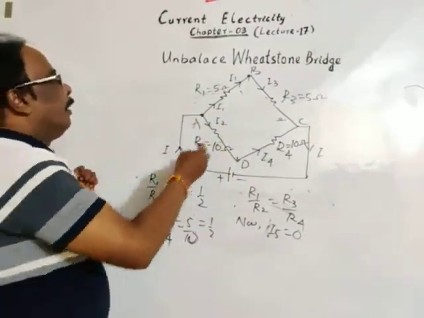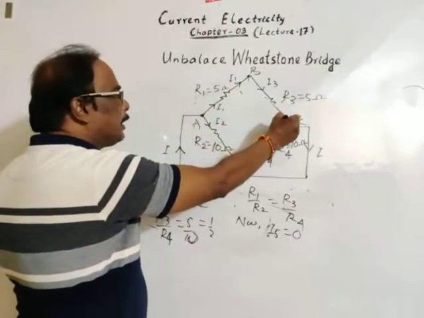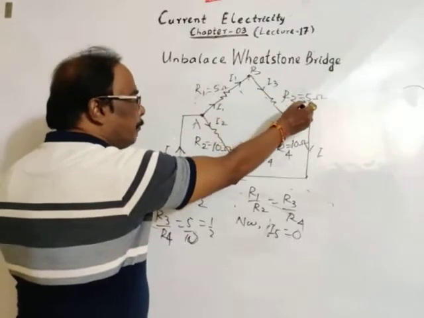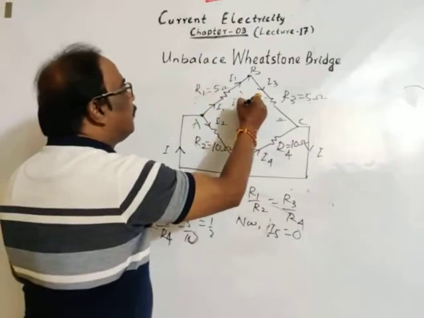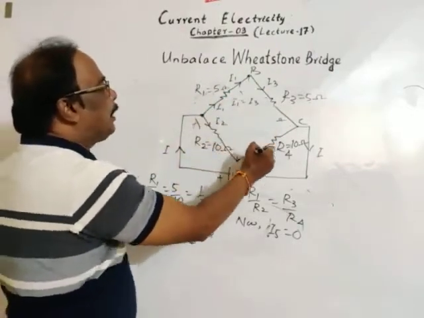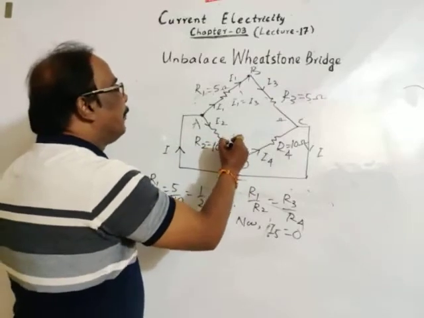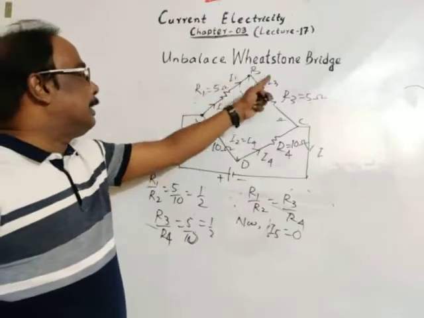Now, current through resistance 5 ohm is equal to current through resistance 5 ohm. These two are in series, then here I1 is equal to I2. Same current will flow. And here also I2 and I4 are same. I2 is equal to I4. So these two resistances are in series.